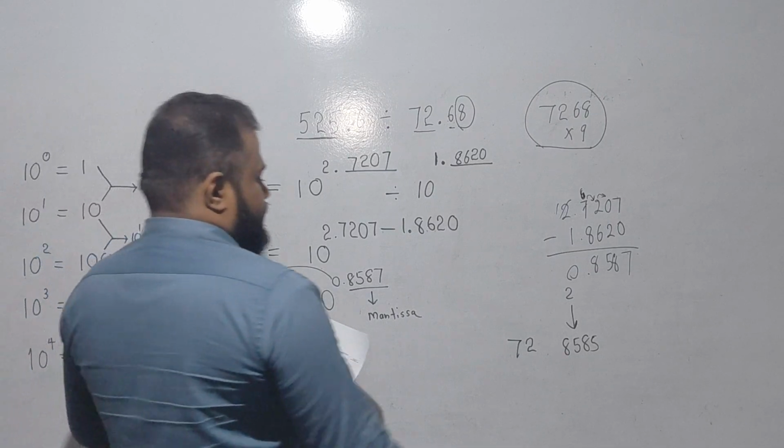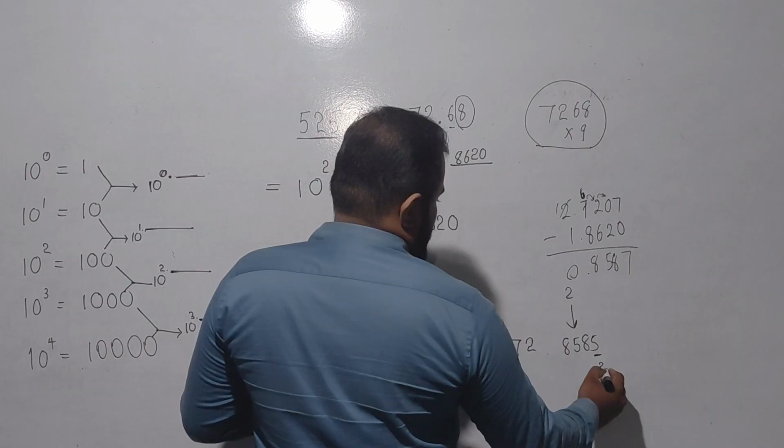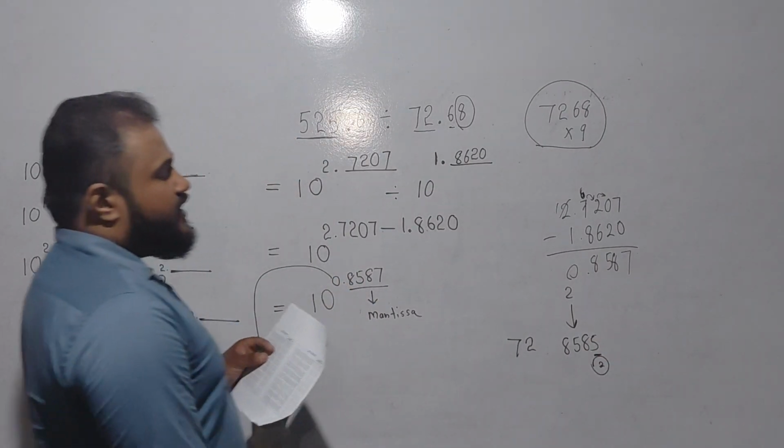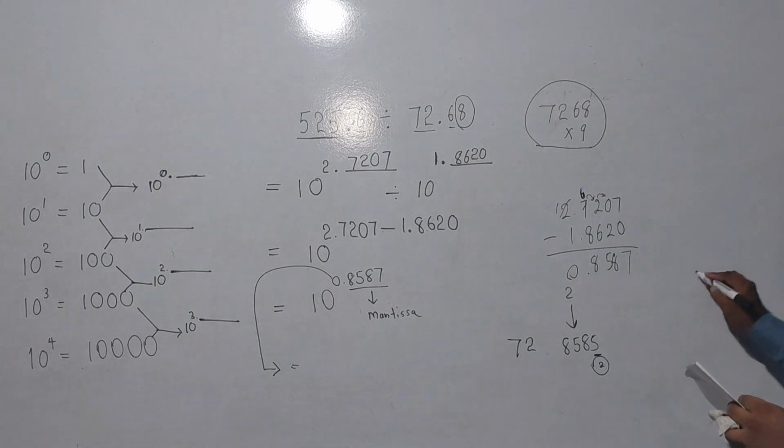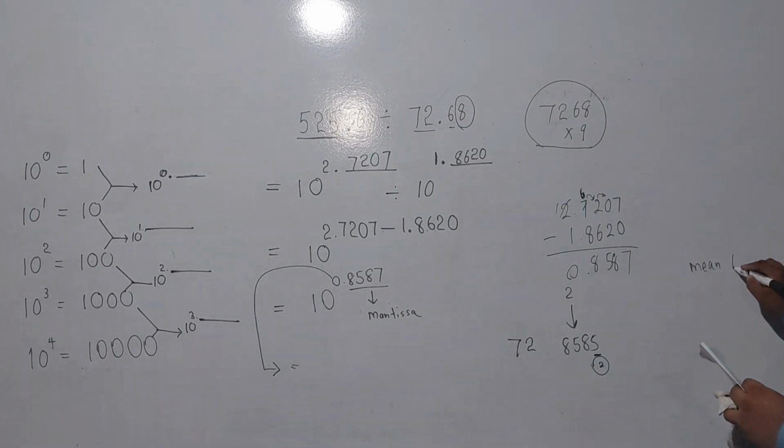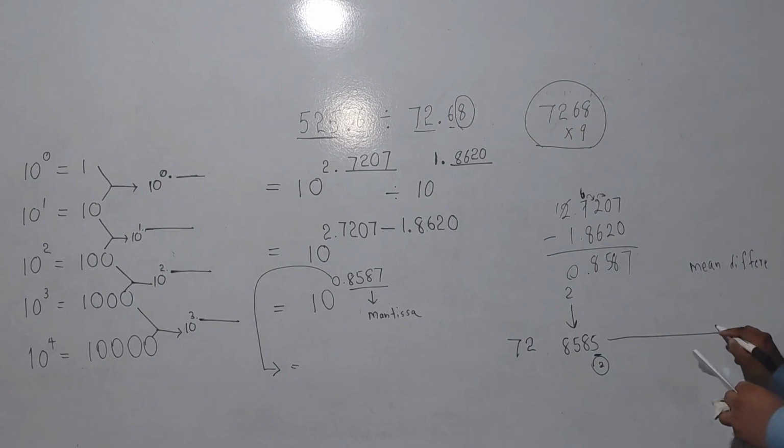We need another 2. From where are we going to find that 2? We have to go to the mean difference. Find where 2 is in this mean difference.